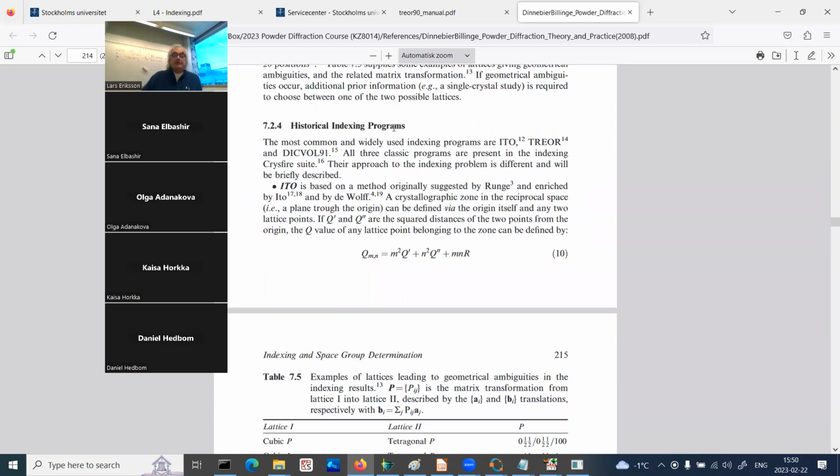Ito is actually sometimes an unknown program because it's very well suited to low symmetry patterns, especially triclinic and monoclinic, but maybe not to high symmetry. But there are modern versions of that also available. Modern, less than 30 years.